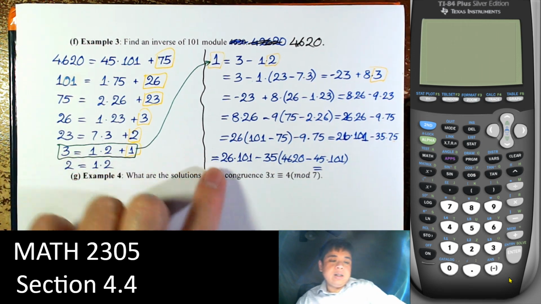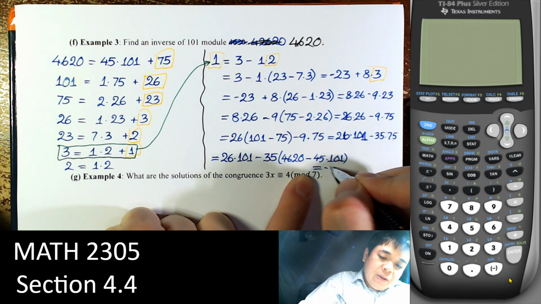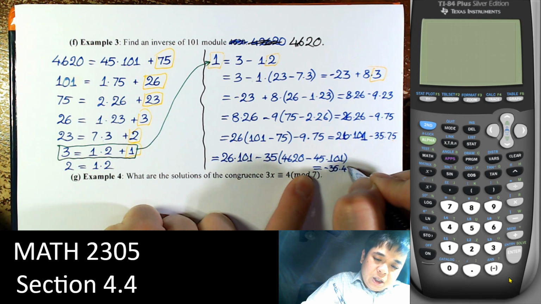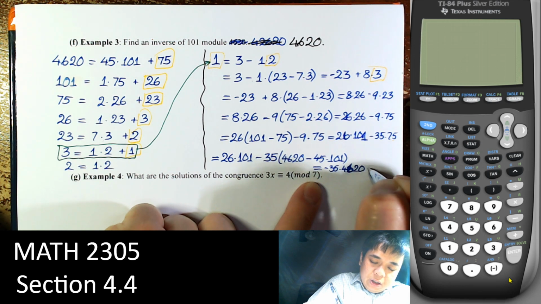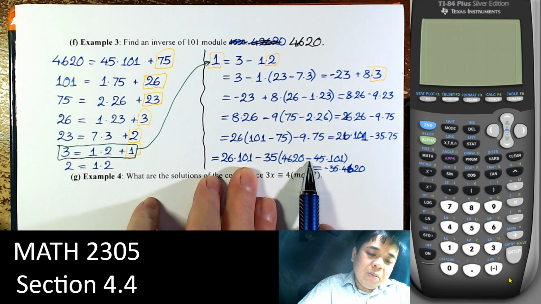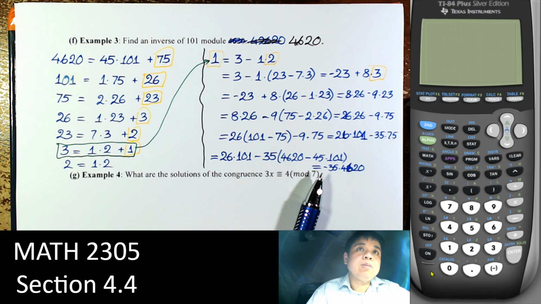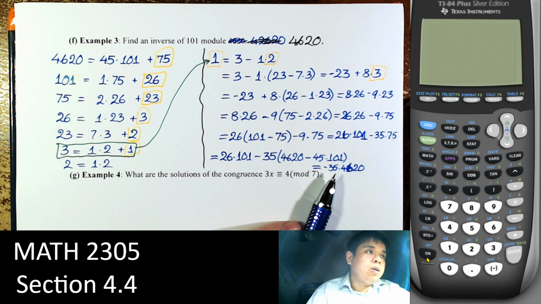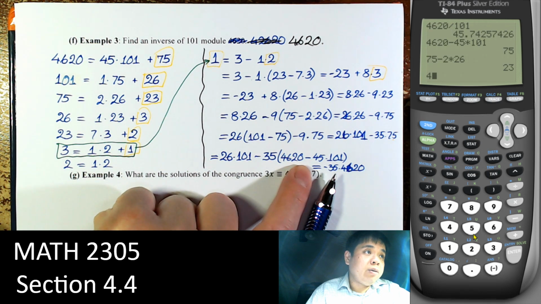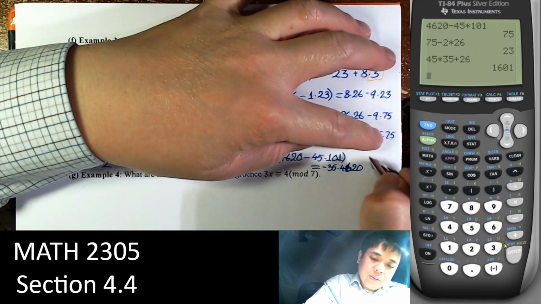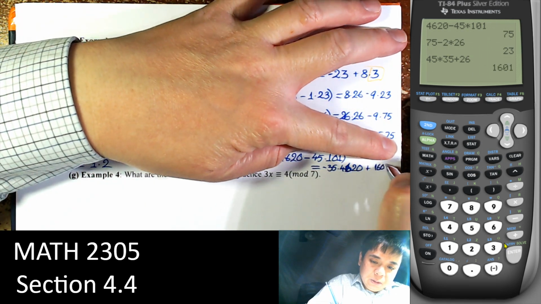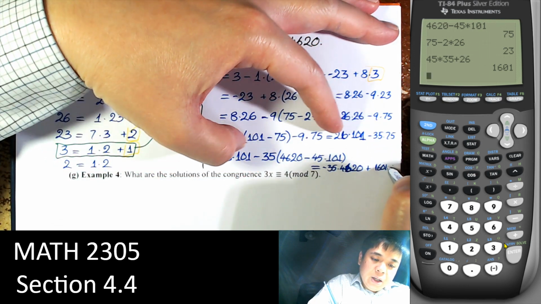When we do that, we have negative 35 times 4620, and now we have 45 times 35 plus 26, 1601 times 101.